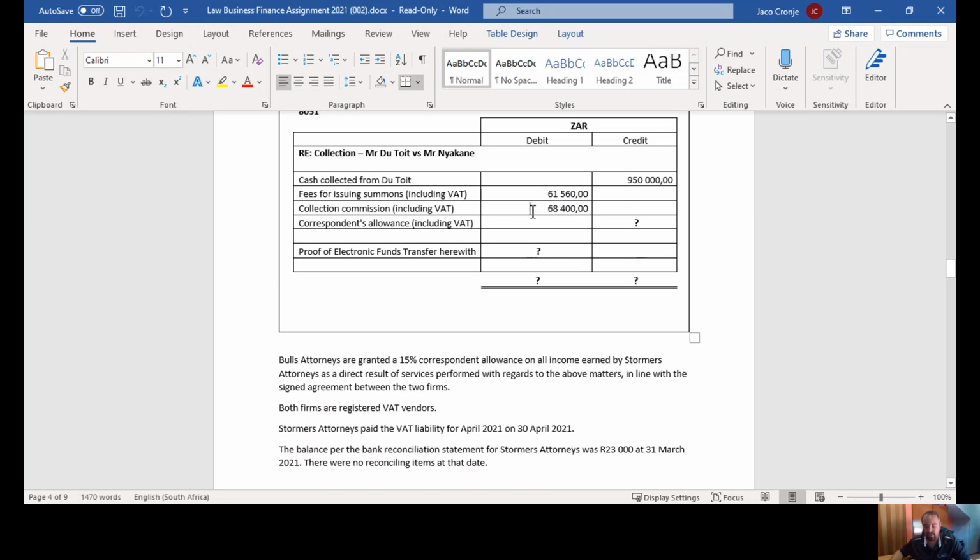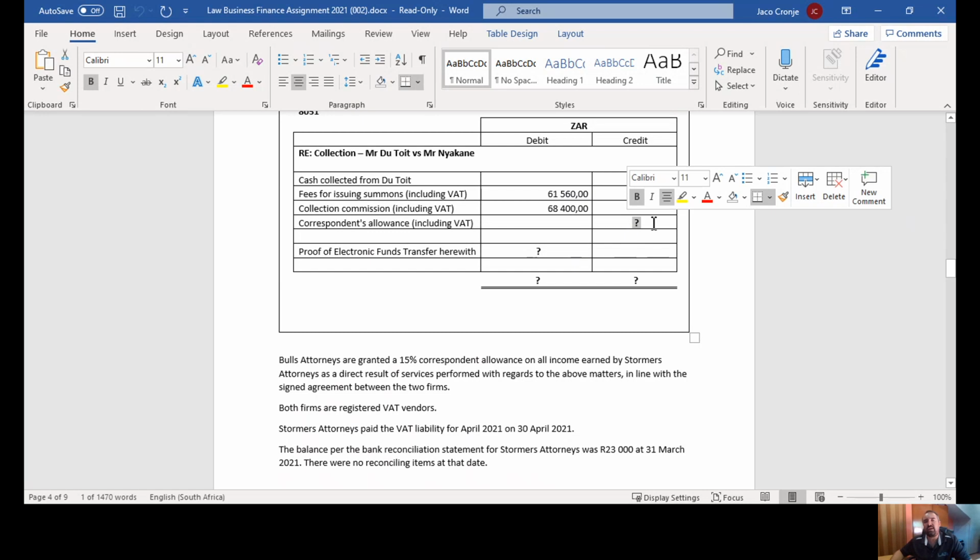On your collection commission, you're going to debit your client accounts with the inclusive of VAT amount, split out the VAT, and your balancing entry will be collection commission. Now, your correspondent allowance isn't as simple, but we've handled it in the lecture. We're basically going to decrease the amount that our client owes us by the amount that we've calculated there.